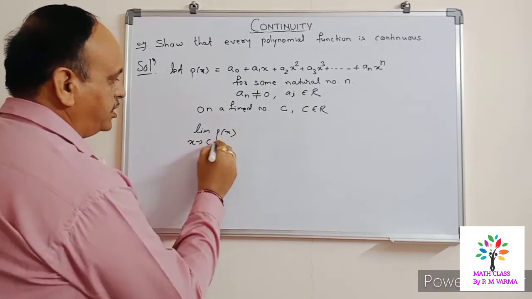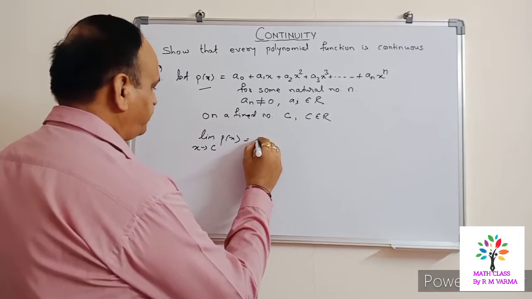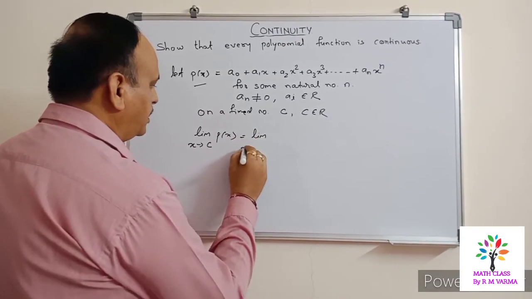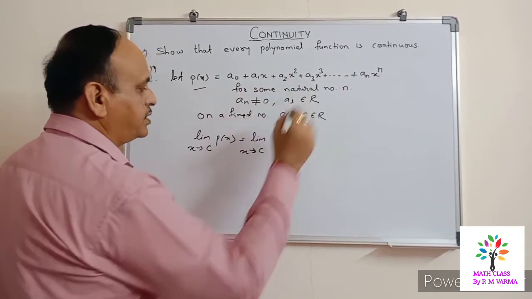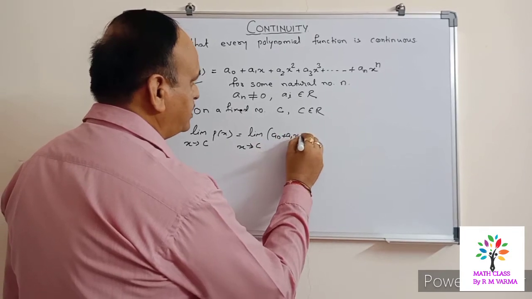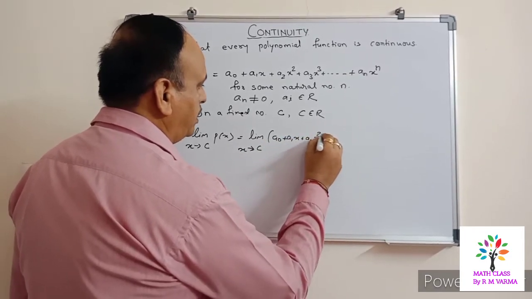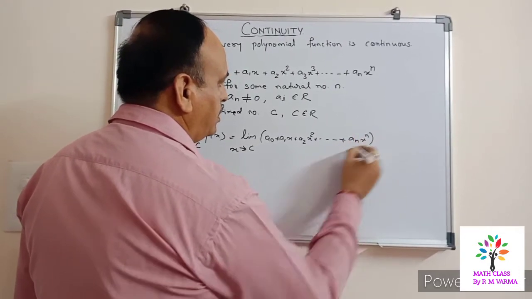Here instead of f(x), the function is p(x), which equals a0 plus a1x plus a2x squared up to an x raised to n.